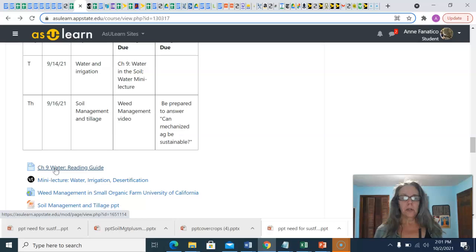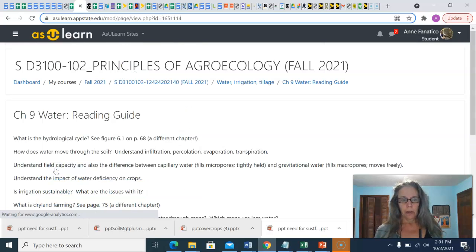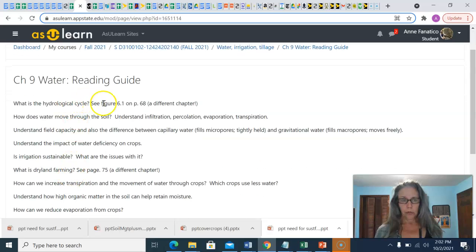So as we started learning about water irrigation certification, there were a few things that you needed to learn in addition, like the hydrological cycle, and you definitely needed to understand how water moves through the soil with infiltration, percolation. It's got to get into the soil, and then you want to keep it from evaporating from the soil. It should really be moving through the plant by the process of transpiration. That's how it moves back out to the atmosphere.